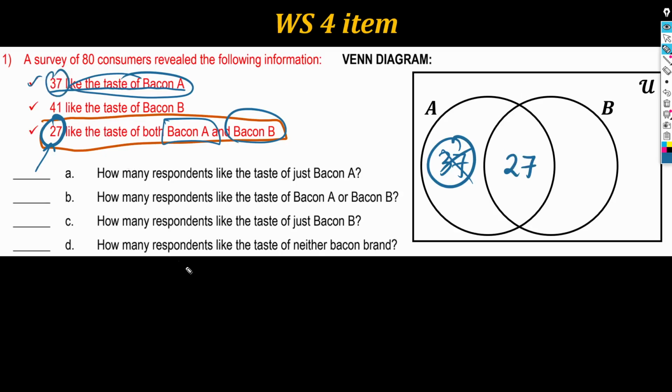So what we do is, we take the cardinality of A, and we take away from that the cardinality of the intersection. Kasi ayaw natin mag-double count. So, tanggalin mo dyan yung 27, leaving you with 10.